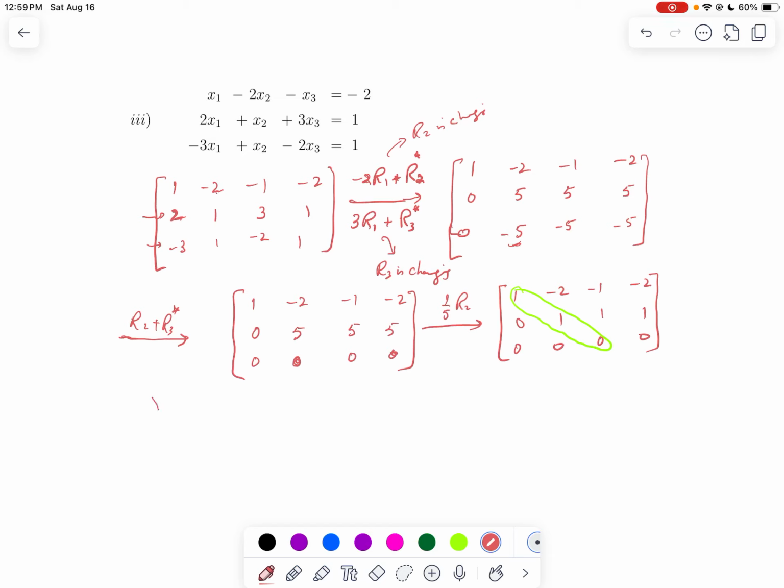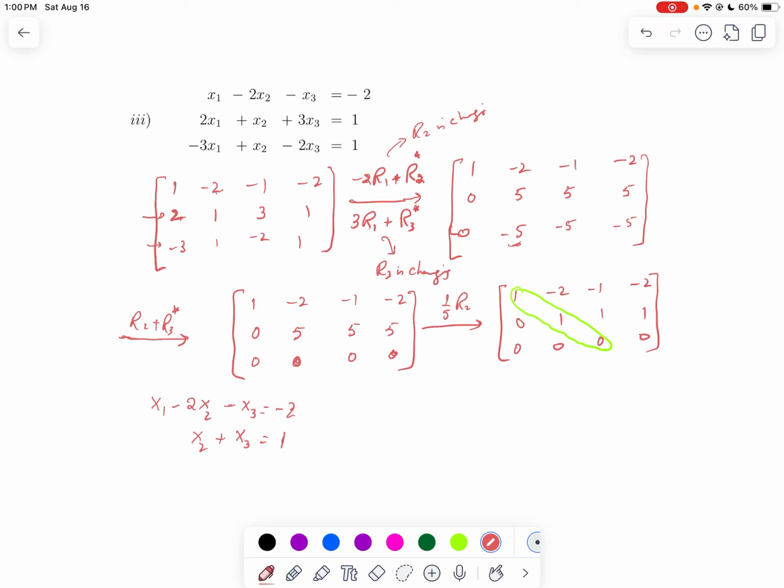So I have x1 minus 2x2 minus x3 equals negative 2, and the second row gives us x2 plus x3 equals 1.